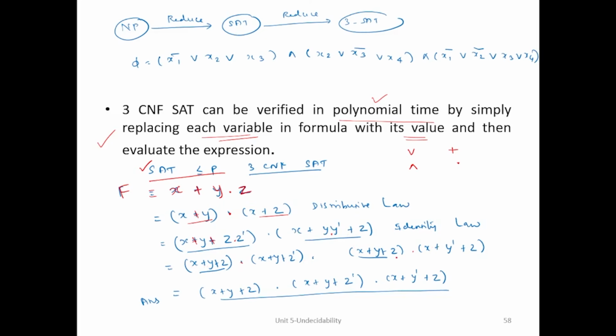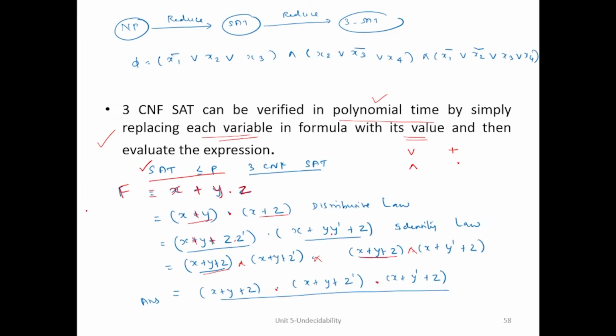If you consider these four clauses, dot is nothing but the AND operation. Here the same clause is repeated, so instead of writing two different notations, I can write only a single notation. So the final answer is (x plus y plus z) dot (x plus y plus z dash) dot (x plus y dash plus z).